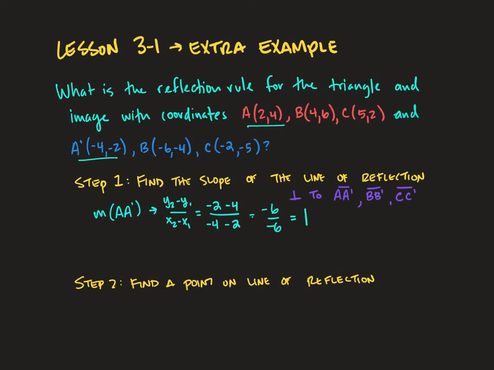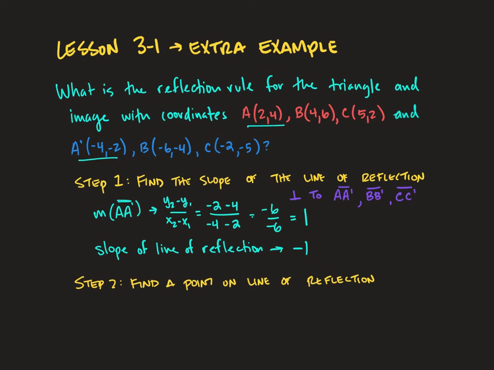So if my AA prime segment, right, if this segment here has a slope of 1, then the slope of the line of reflection would be negative 1. So now the next thing I'm going to do is find a point on my line of reflection.